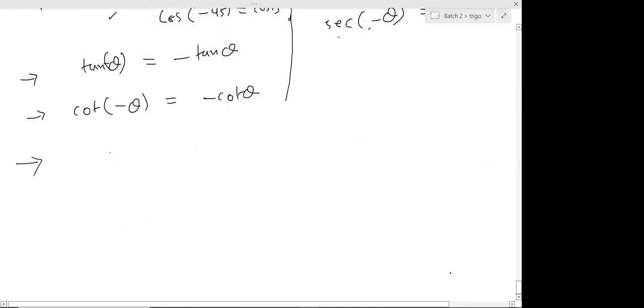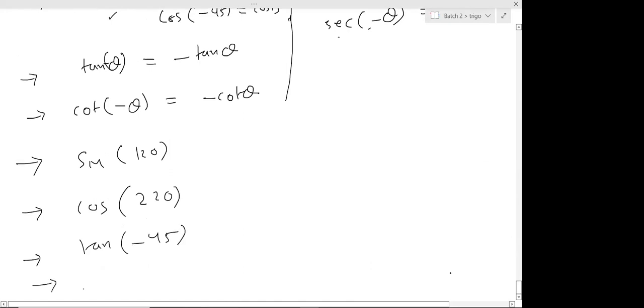You just have to tell if the values will be positive or negative. All right, if we give you sine 120, cos 220, tan minus 45, cot, let's take minus 150. All right, you just have to tell if the final value will be negative or positive.